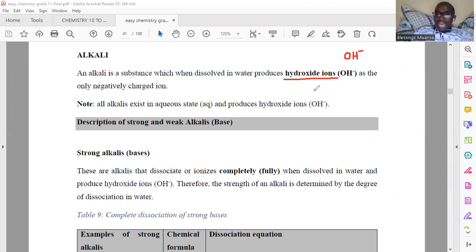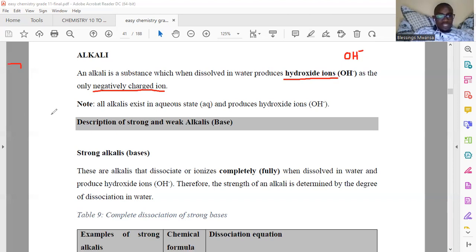So when an alkali dissolves, microscopically what we're supposed to see is OH negative in the container as the only negatively charged particle. Meaning the only negatively charged particle that we should be able to see when we dissolve a base is OH negative.